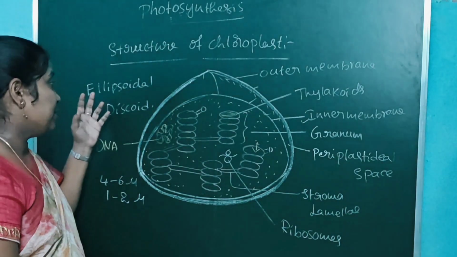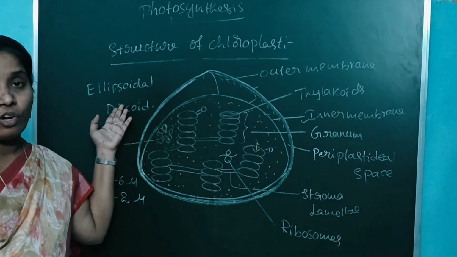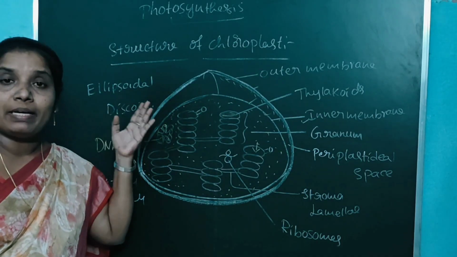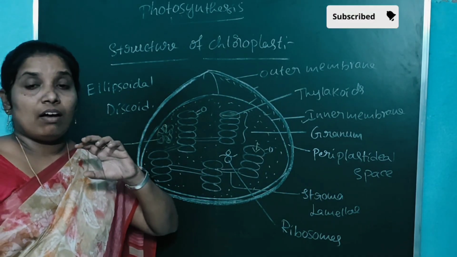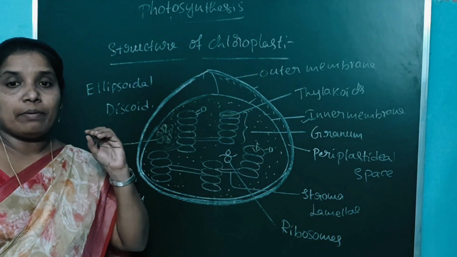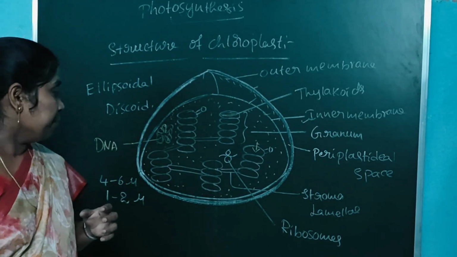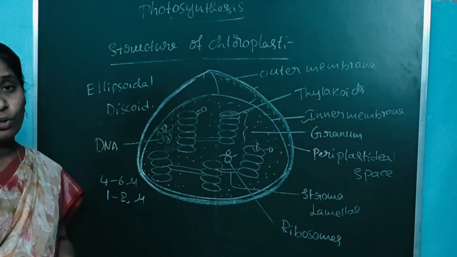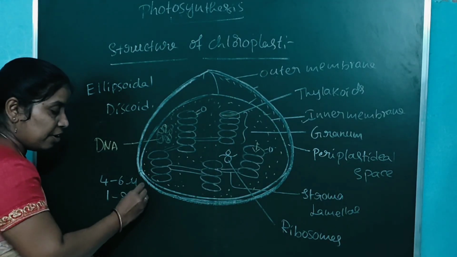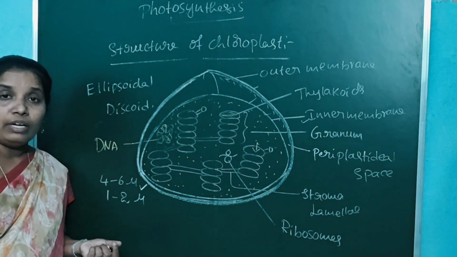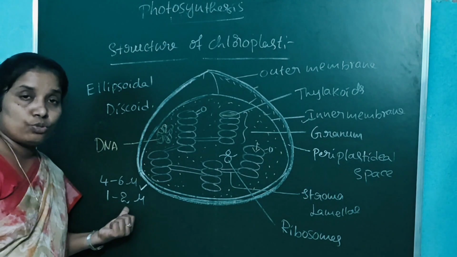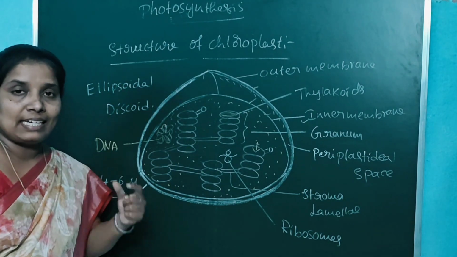The chloroplast may be ellipsoidal or discoid in shape. They may be plate-like, disc shaped or flat shaped. The size of the chloroplast may vary, 4 to 6 mu in length and 1 to 2 mu in diameter or thickness.